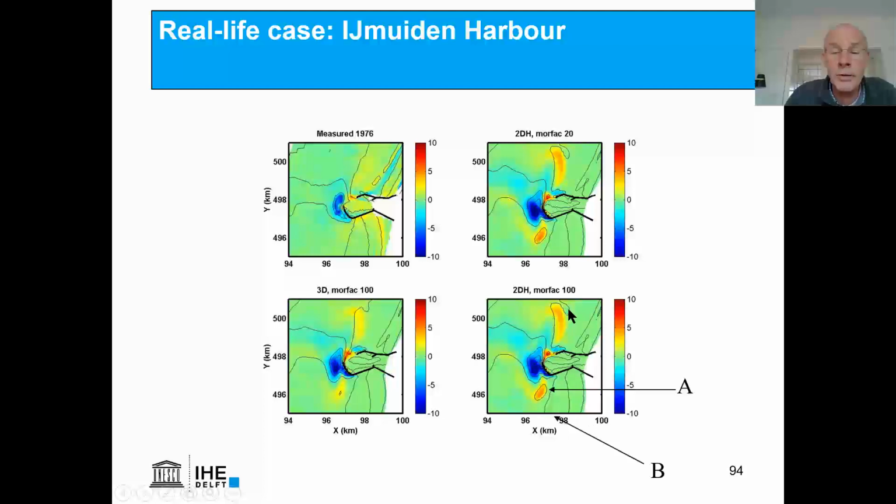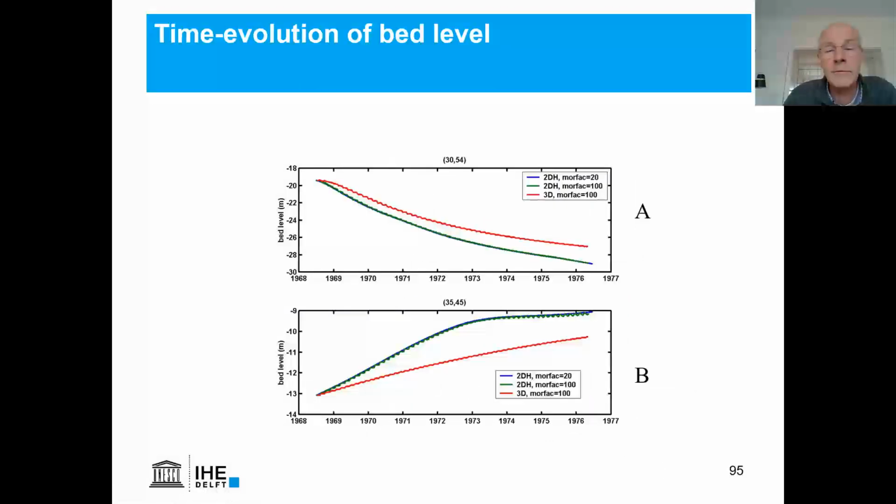But what you also see is whether we use a morphological factor of 100 or 20 basically makes no difference at all. If we follow, well, this A should be here and B should be there. So A is in the scour hole and B is in the deposition area. If we follow those in time, then the scour hole, here we have 2D, between morphac of 20 and 100, basically the same.